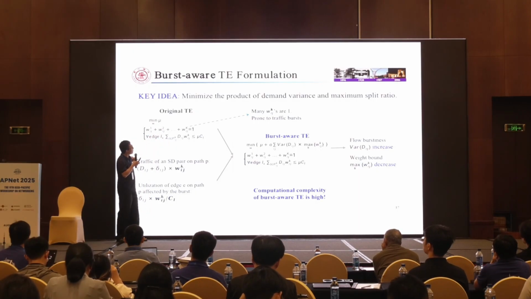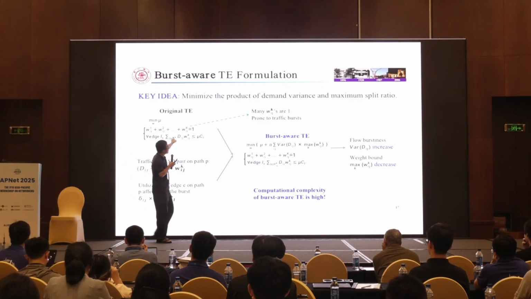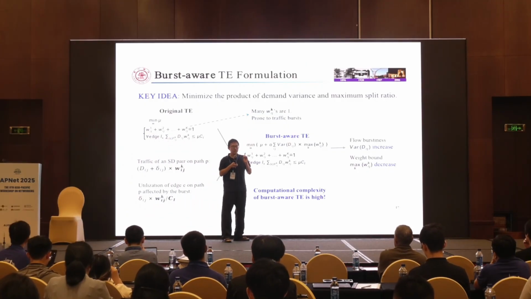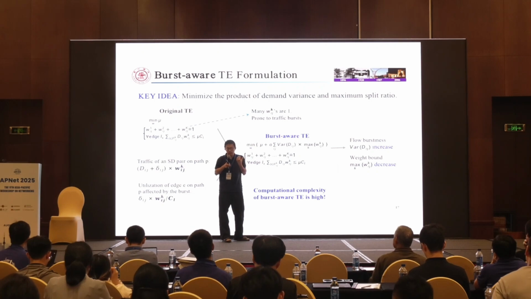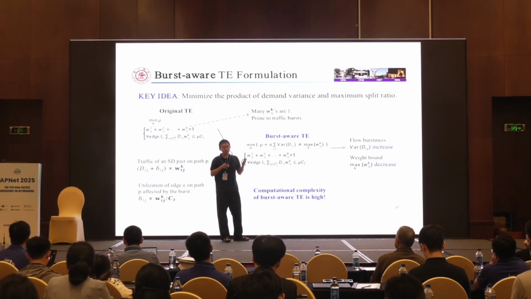This is the original TE formulation. If we do nothing about it, many Wij would be 1 in the solution, which means that whenever the traffic bursts, this Wij may cause severe congestion.